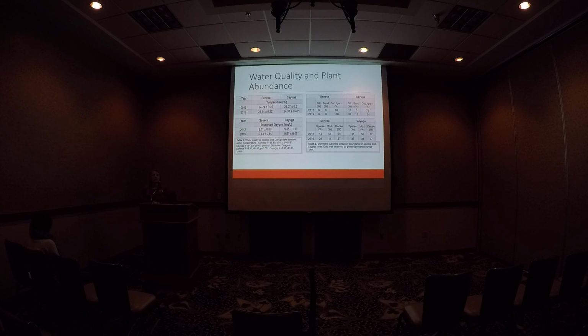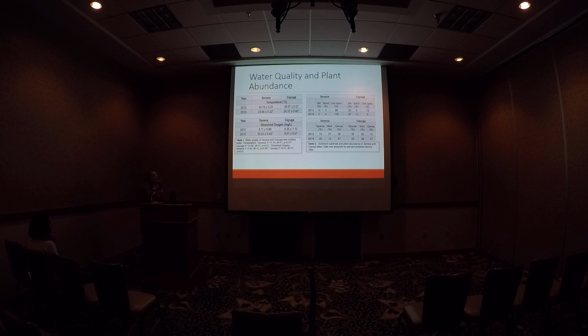It's also interesting to keep in mind the optimal temperature of the goby, which is 26 degrees Celsius. However, they're temperature tolerant and have a wide range in their ecosystem. We also looked at dissolved oxygen and found a statistical result in Seneca Lake. Dissolved oxygen has increased in this lake since 2012.